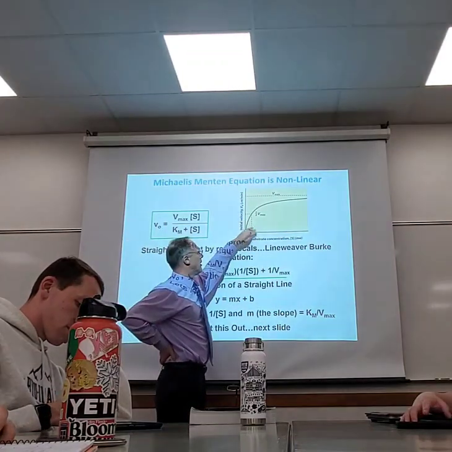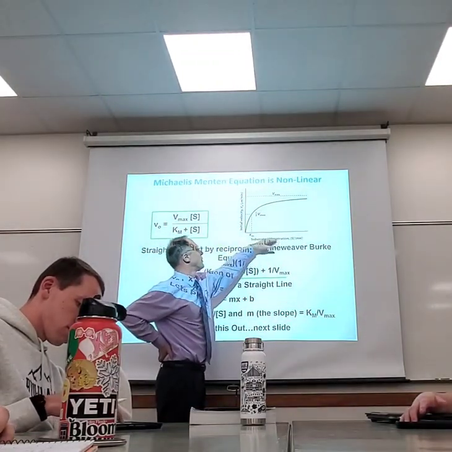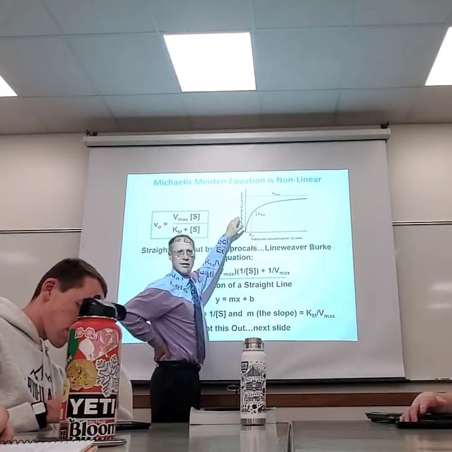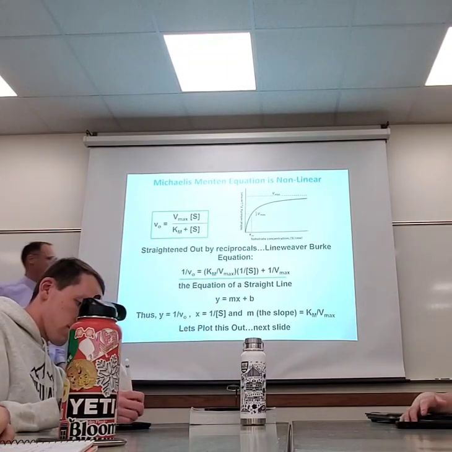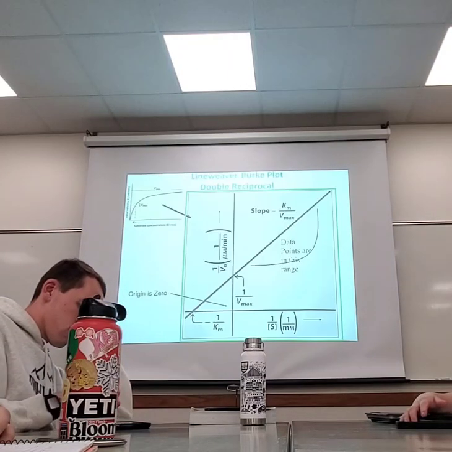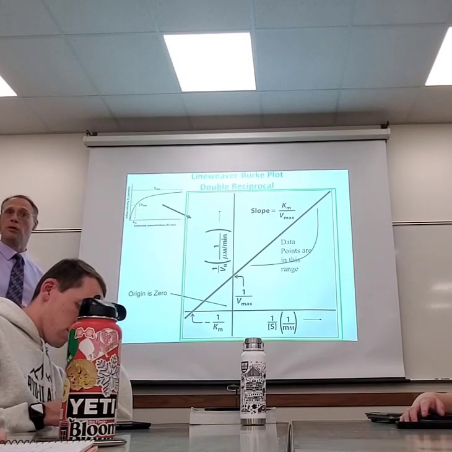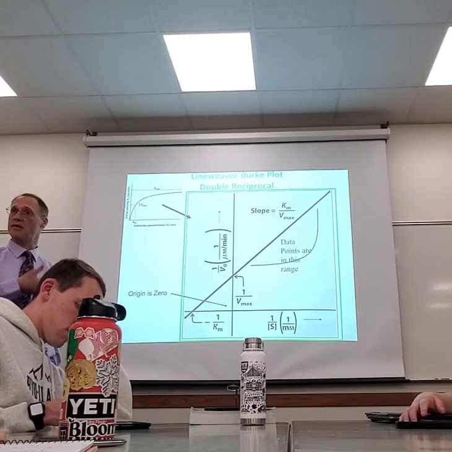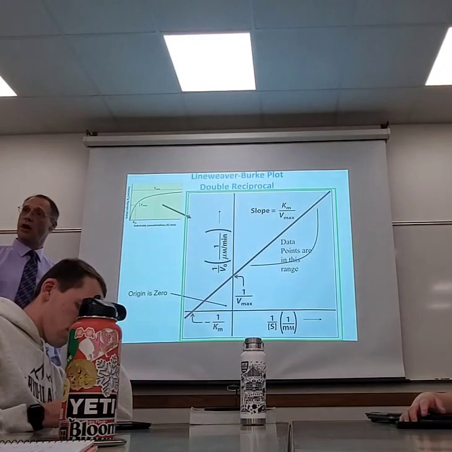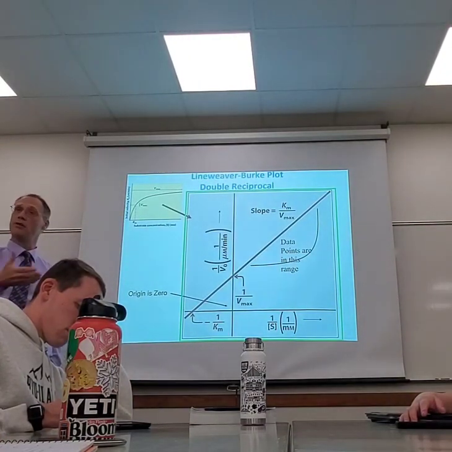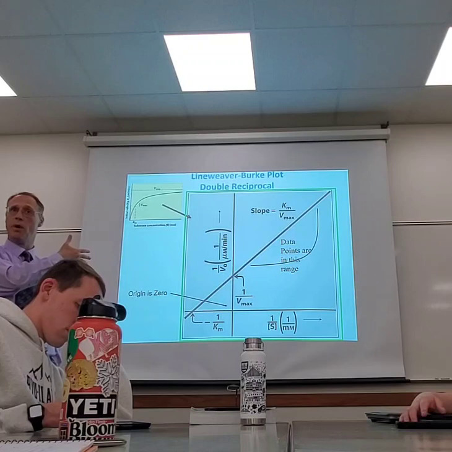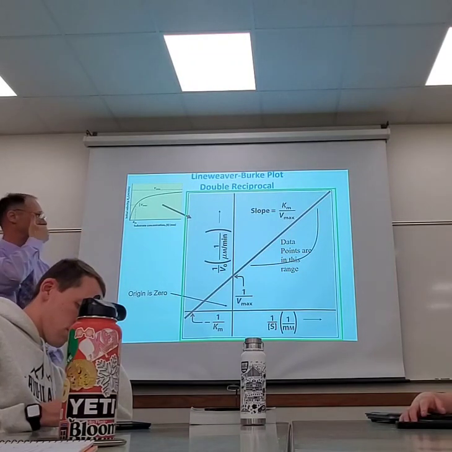So if I take 1 over substrate and 1 over the velocity, I end up with the plot that looks like this one, which is the Lineweaver-Burk you were told to peek at. And this is a linear plot. So in addition to drawing the hyperbolic plot, you'll also draw what's called the Lineweaver-Burk plot. And this is what it will look like.